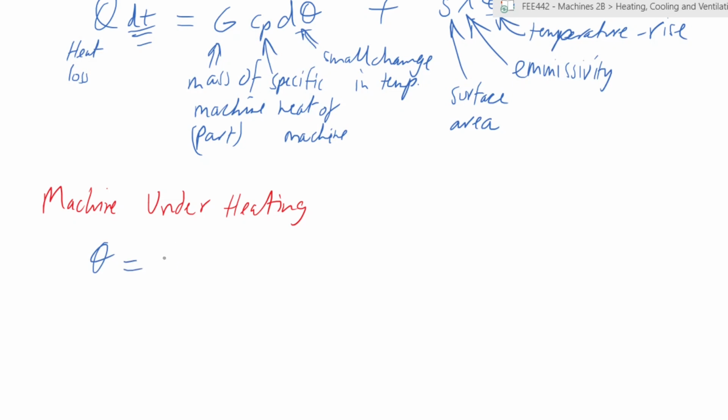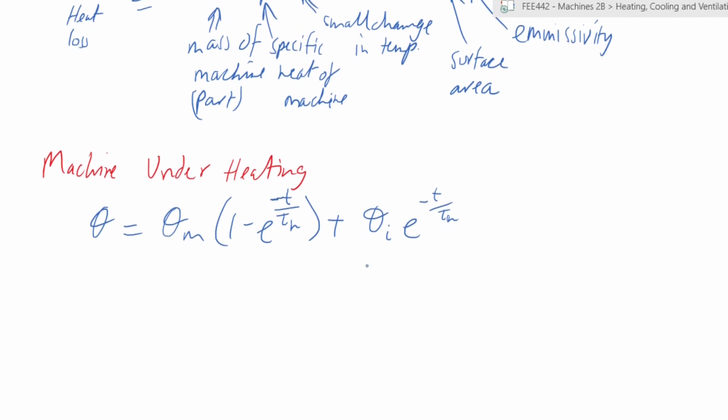that leads us to the following equation, which is theta, your temperature rise, is equal to theta m (1 minus e to the power negative t over tau) plus theta i e to the power negative t over tau h. I'll explain each of these in turn.